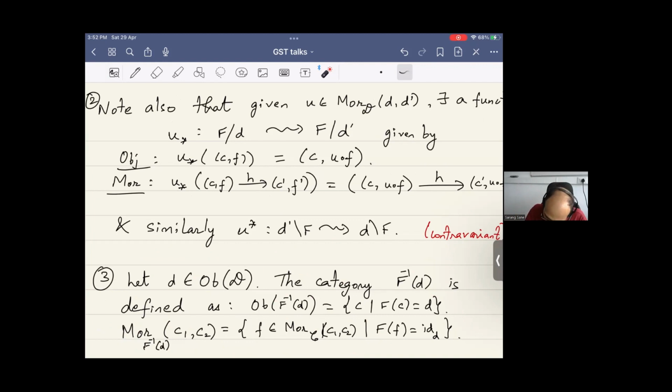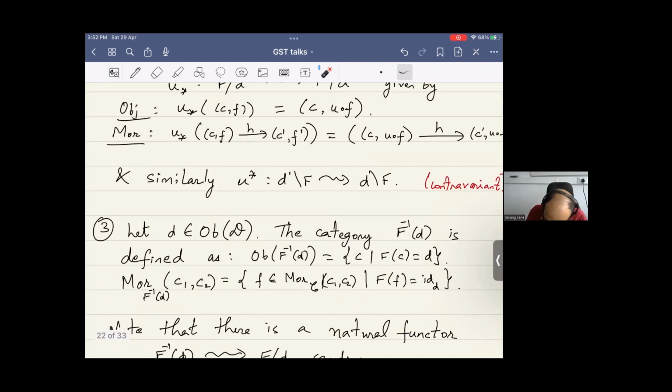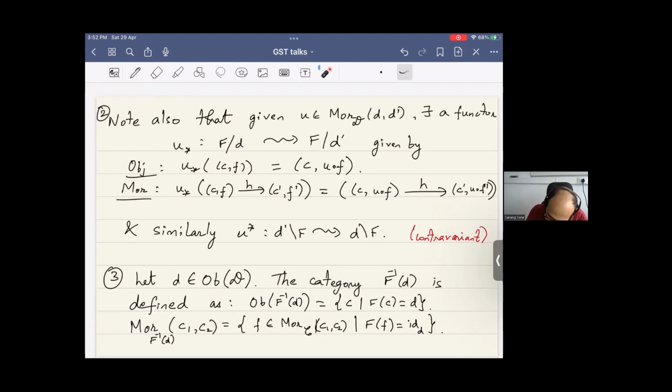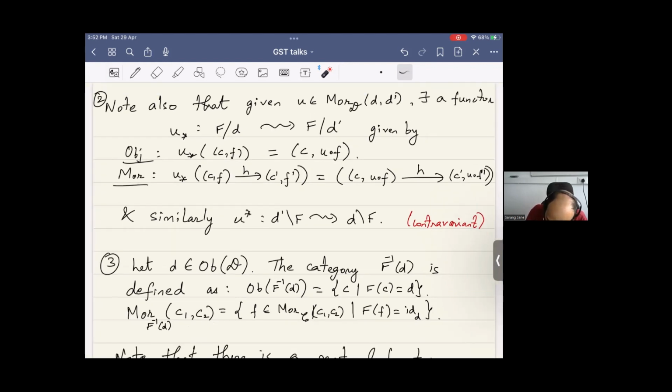Another thing that we have to note is, okay, I think I'm going very slowly. If you have u, which is a morphism from D to D', then this induces a functor, which I'm going to call u star, from (f, D) to (f, D').